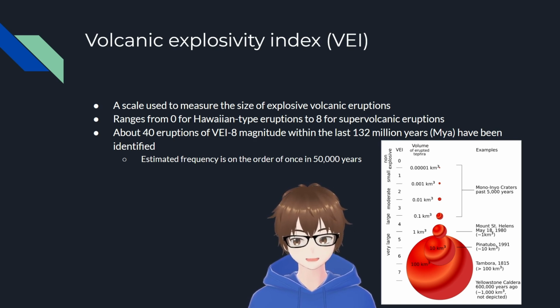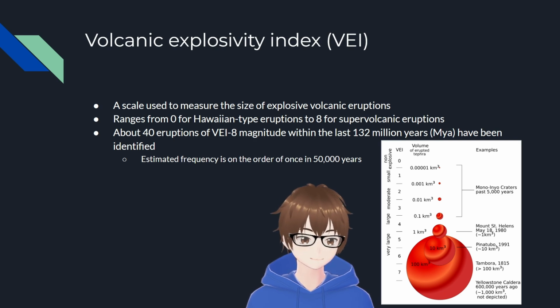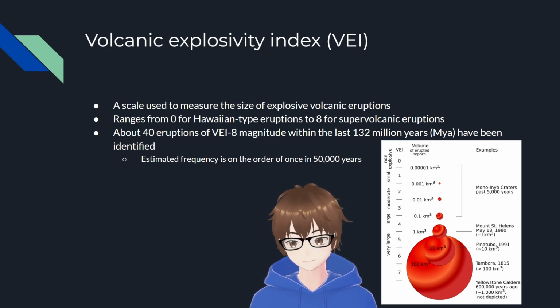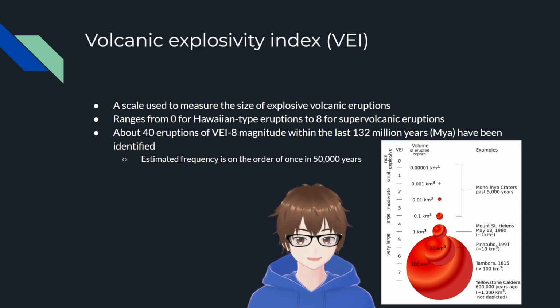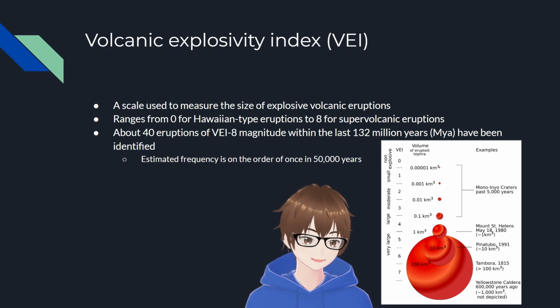And about 40 eruptions of VEI magnitude 8 have occurred within the last 132 million years. So there have only been like 40 eruptions that have been considered super bad, a level 8. And their estimated frequency is on the order of about every 50,000 years there is a magnitude 8 one.